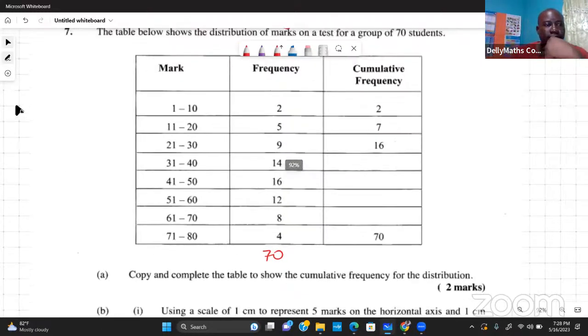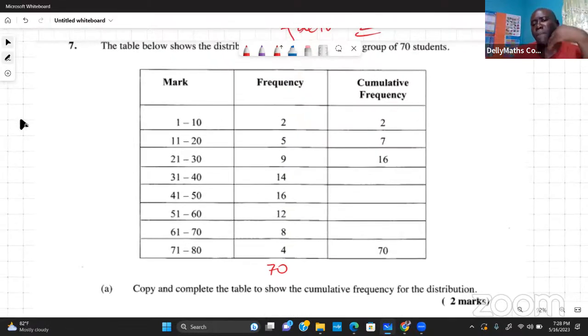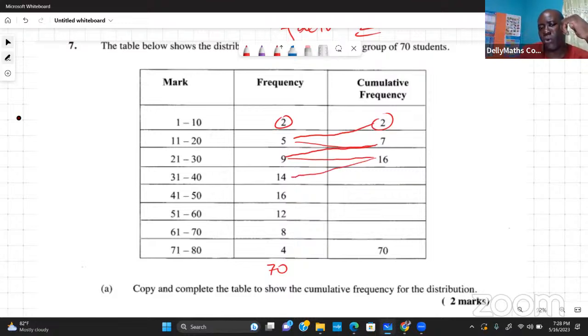Remember that the cumulative frequency distribution is like this. You will start with the first number, they did that for you. Then you add that 2 to the 5 next below, and you get 7. Then you add the 7 to the 9, you get 16. Then you add the 16 to the 14, and you get 30. Then you add 30 to 16, you get 46.